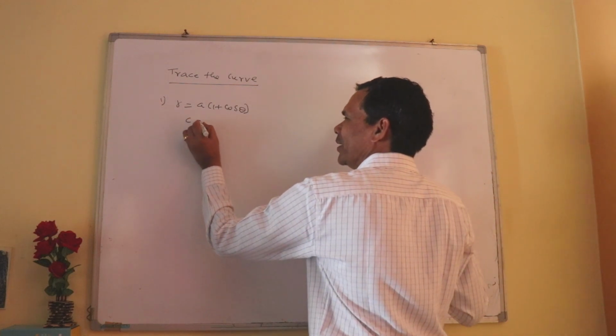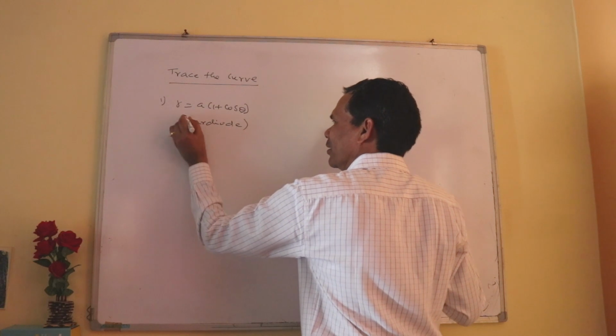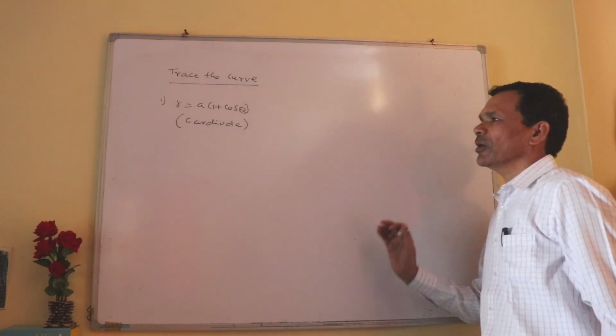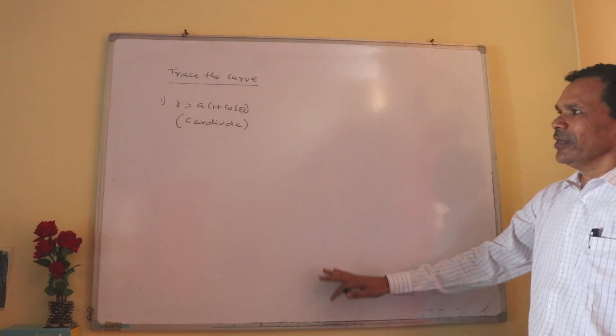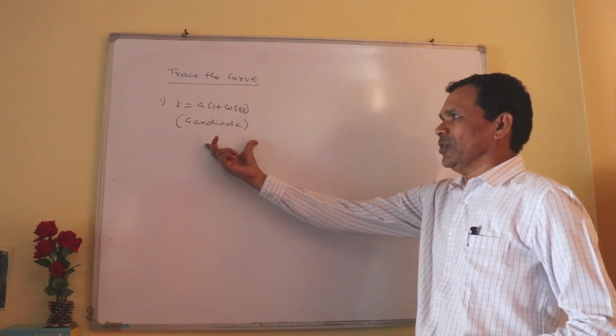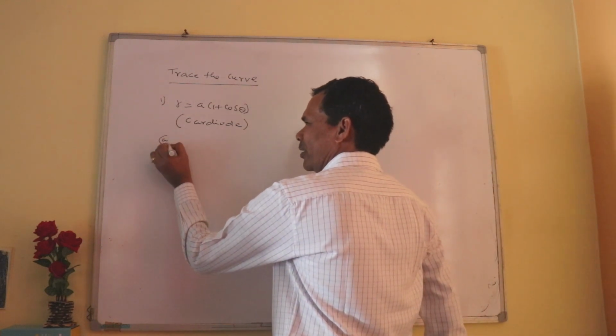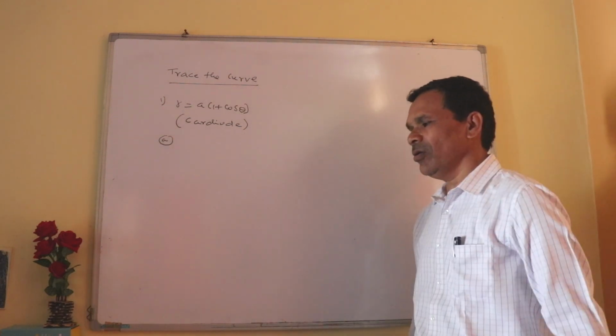This is actually a standard curve. This is called cardioid. This is a heart-shaped curve. There are 3 more cardioids of different shapes. Now we go with the procedure for tracing of this particular curve.